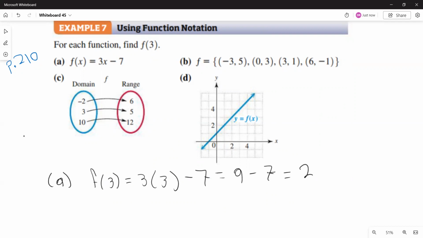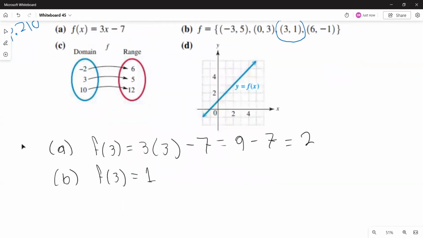In B, we can see that this function contains the point 3, 1, and f of 3 is equal to 1. The x value is 3, the y value is 1. In C, we know that 3 corresponds to 5.